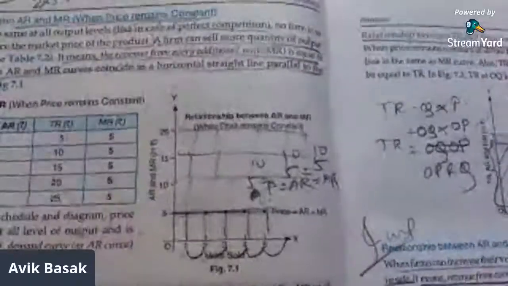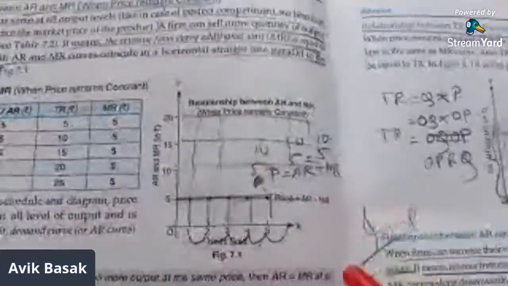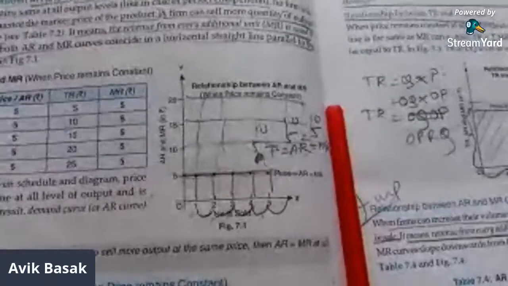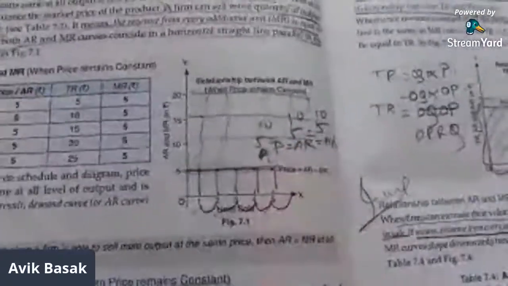Then comes the relation between total revenue and marginal revenue. Now this was the relation between AR and MR. Sorry students, I forgot to tell about the MR here in this case. AR I have told you. Now students, what will be the shape of MR when price is constant?